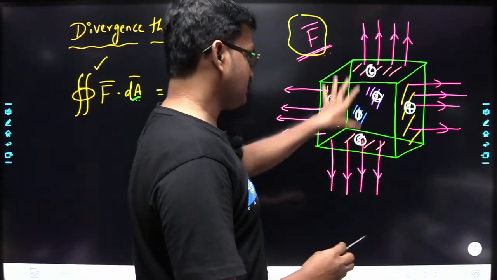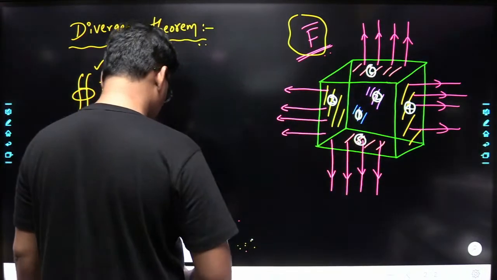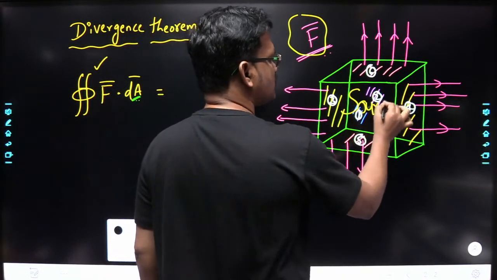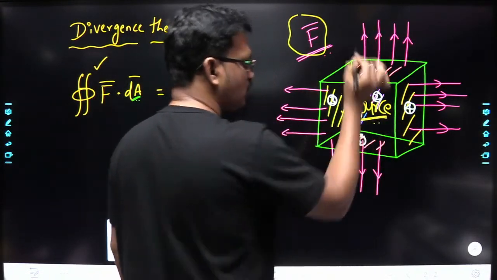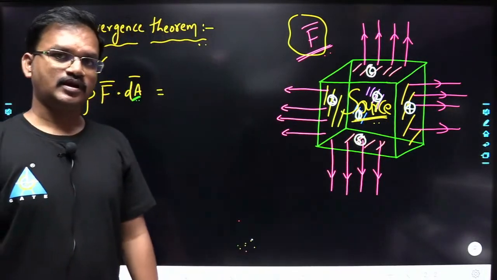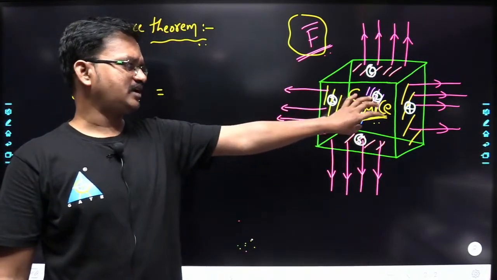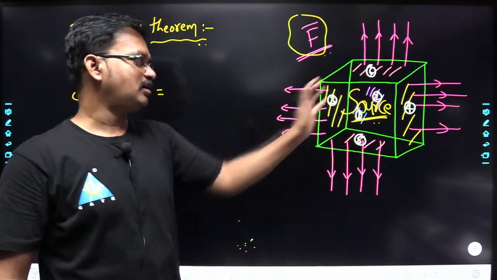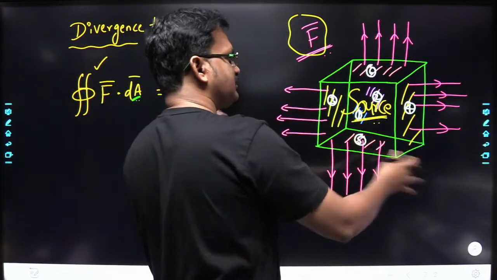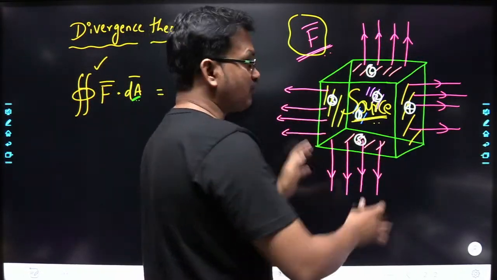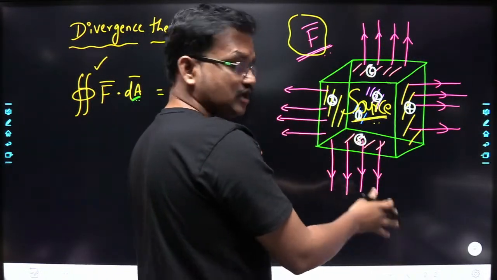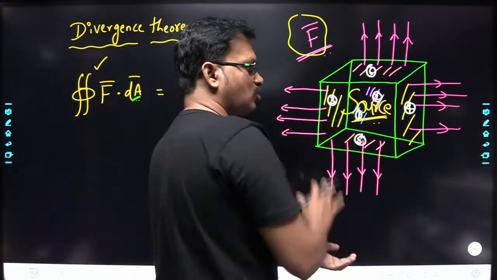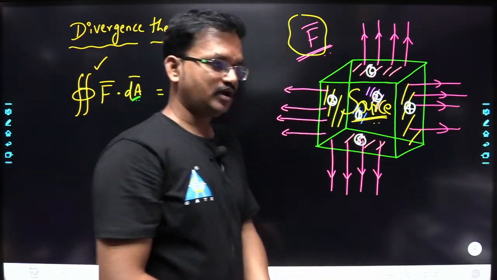So there must be a source present inside the closed surface that is causing the field leaving the closed surface. Whatever field is leaving the closed surface is caused by the source that is enclosed by this closed surface.